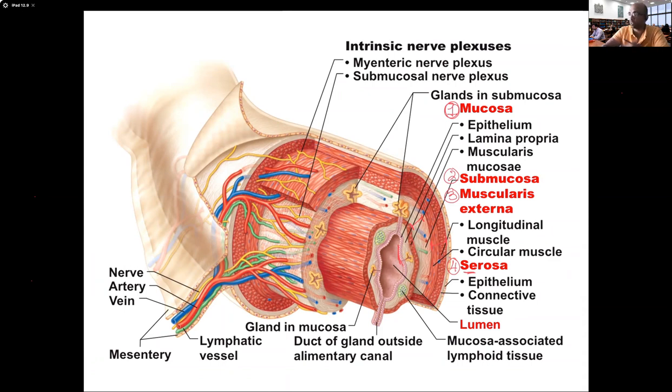How many layers of muscles did we have in the muscularis externa? How many layers of muscle do we have in here?